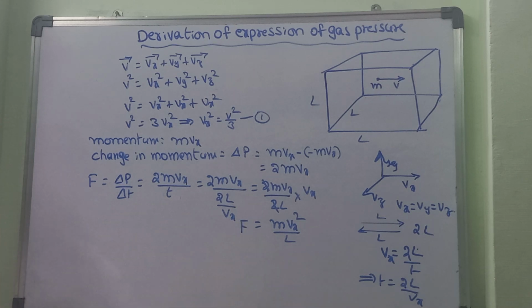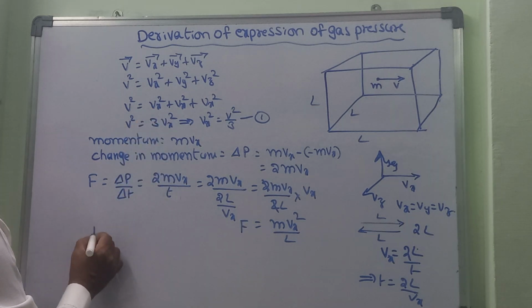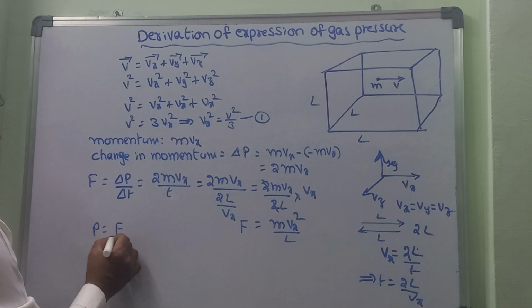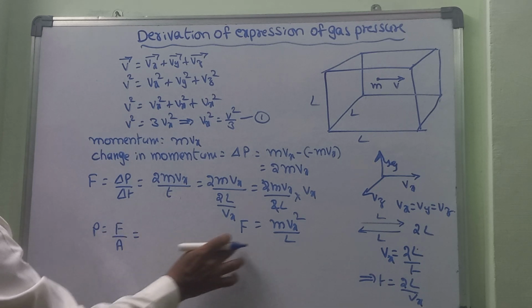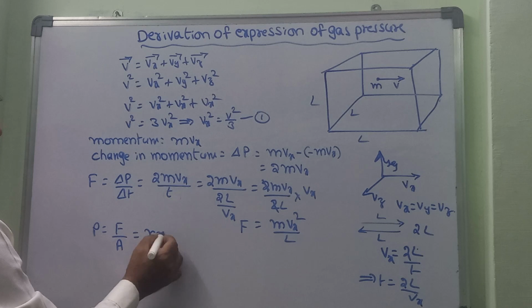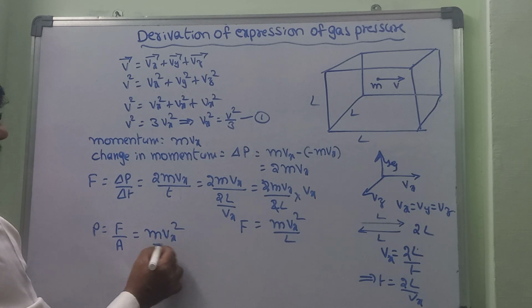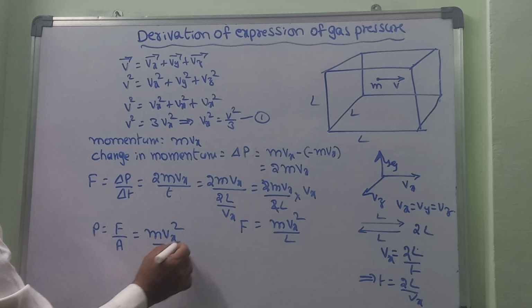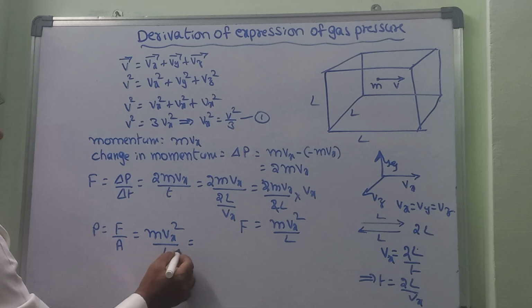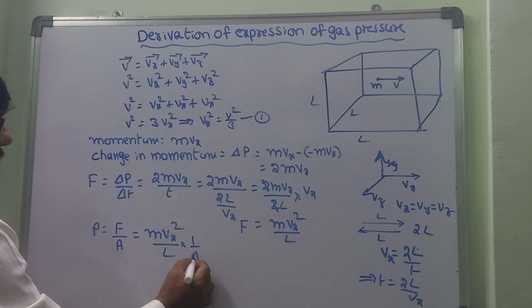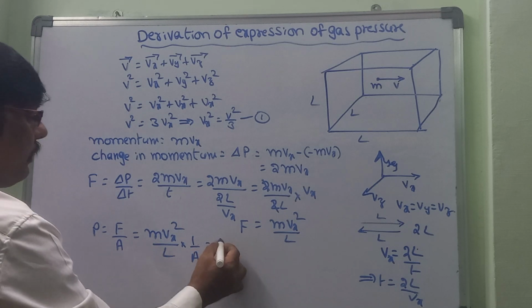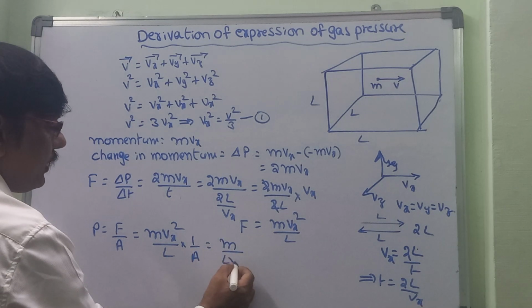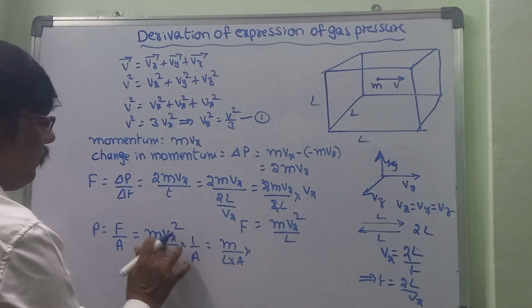Now we have to find the pressure. Pressure is equal to force per unit area. The force we got is mVx square by L, so we multiply by 1 by A. Then we get m by L into A, into Vx square.